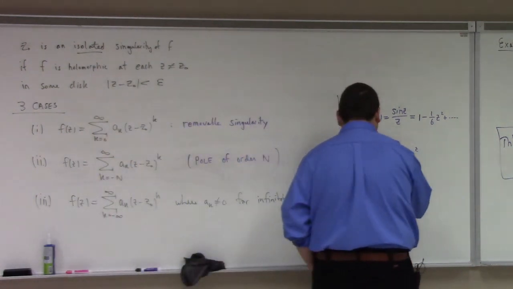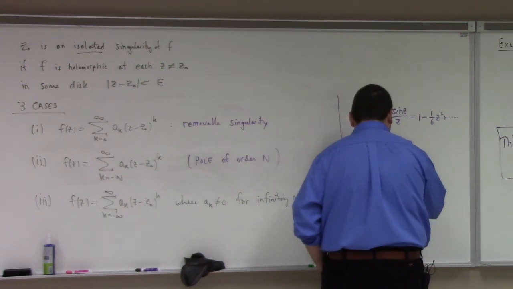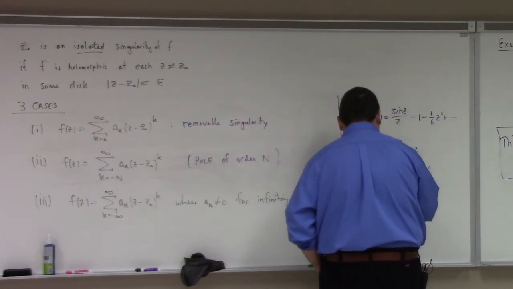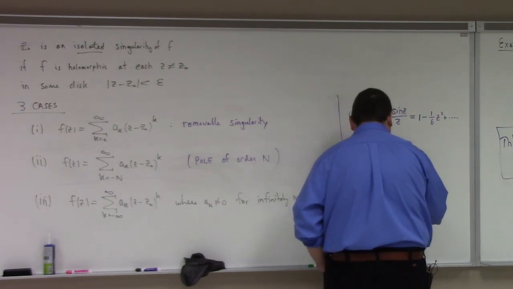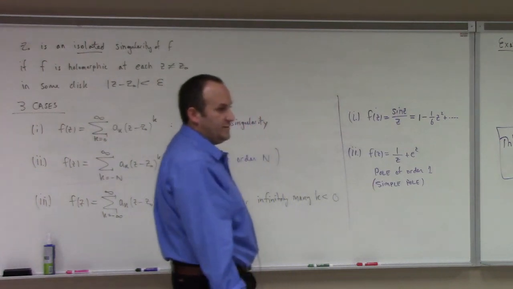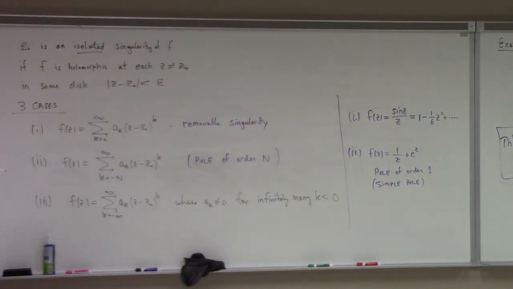So this is a pole of order 1, also called a simple pole, much like we used the term simple zero before. Now we talk about a simple pole. We also talk about a double pole. But anyway, a pole means that the Laurent series has only finitely many reciprocal terms that non-trivially enter the expansion.